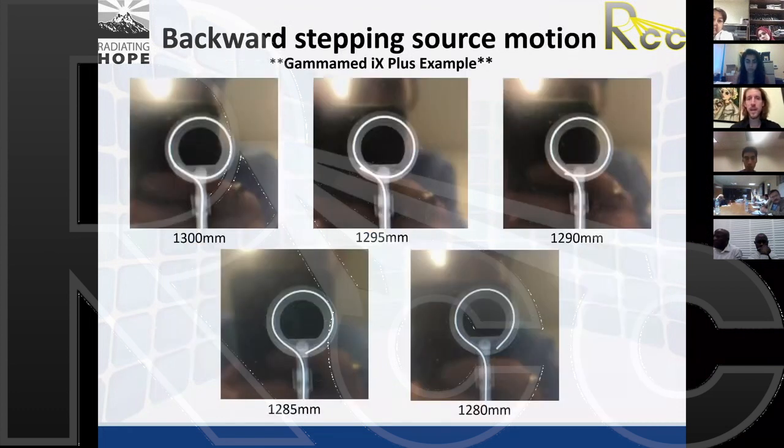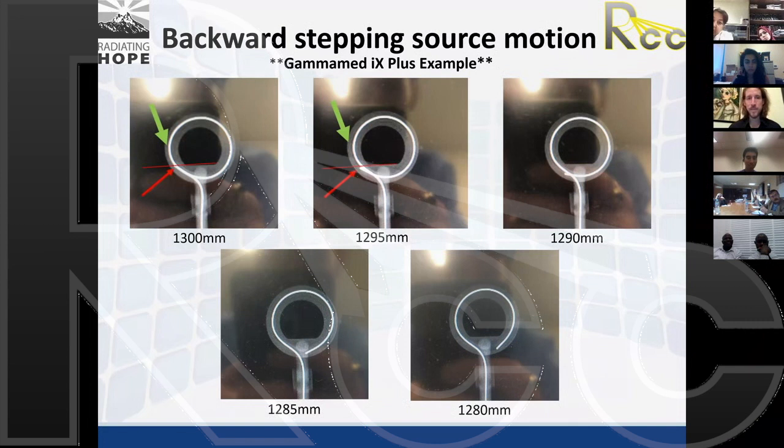Okay, so again, here are pictures at 5 different dwell positions, 5 millimeter spacing. And if we look at the actual source wire, and look how close it is to the edge of the ring. Now you look at it at 1295, hold back 5 millimeters, it's tightened. You can see visually that it's tightened around the inner lumen of the ring.